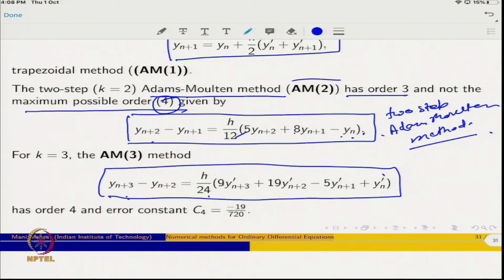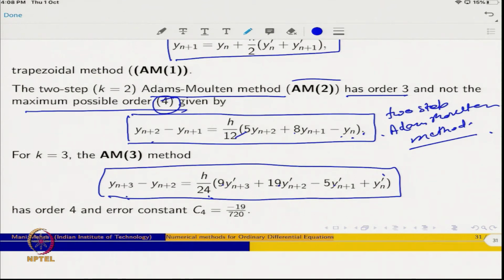In this case, 9 by 24, 19 by 24, minus 5 by 24 and 1 by 24. So, these two things you can take as exercises to prove what the 2-step and the 3-step Adams-Moulton methods are. In fact, if you want more exercise, you can also prove it for k is equal to 4, 5, 6, it is up to you.